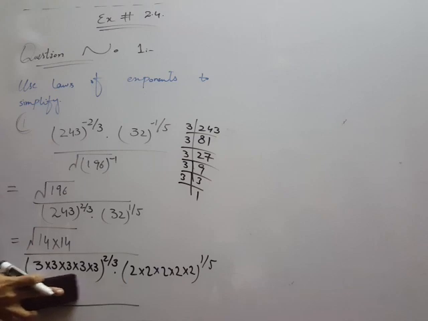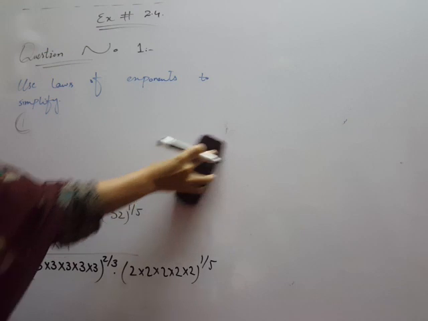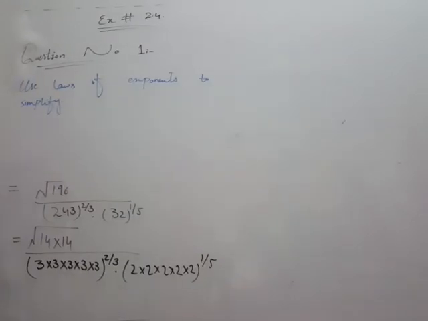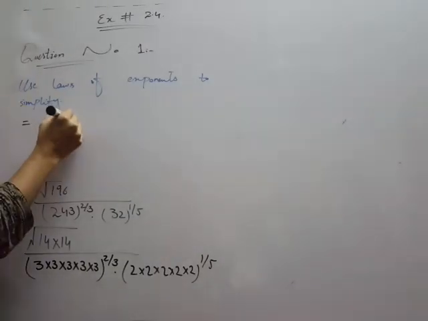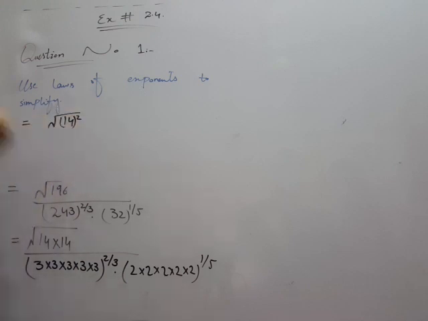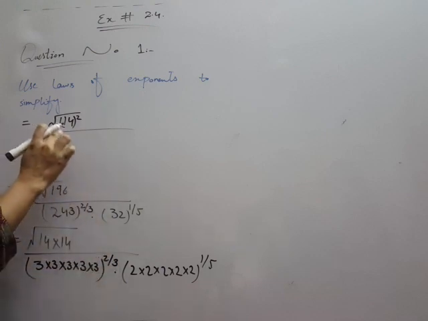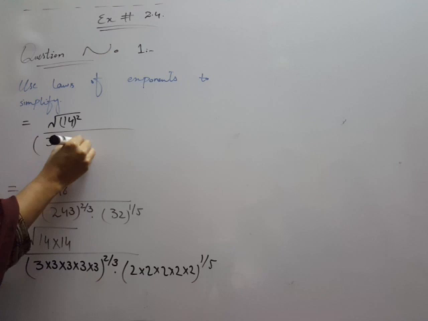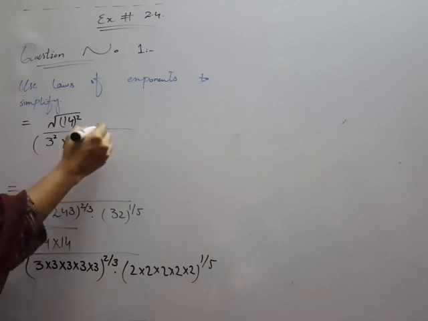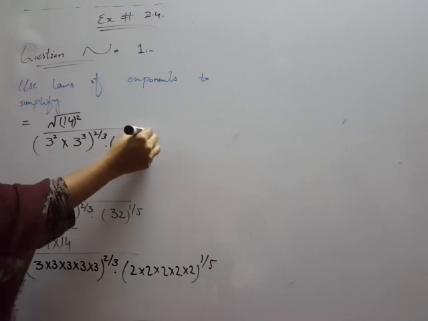I will write here: this will become 14 square. And I can separate the 2 part and the 3 part. This will become 3 raised to power 2 multiplied by 3 raised to power 3, and whole power 2 by 3, and this will become 2 raised to power 5 and whole power 1 by 5.